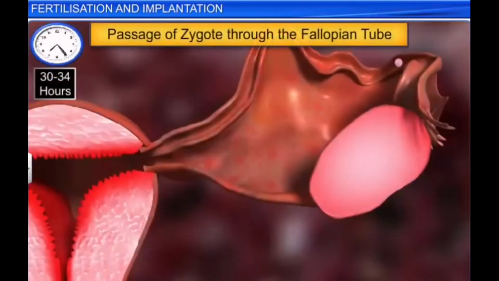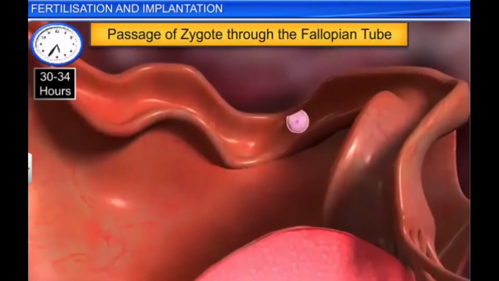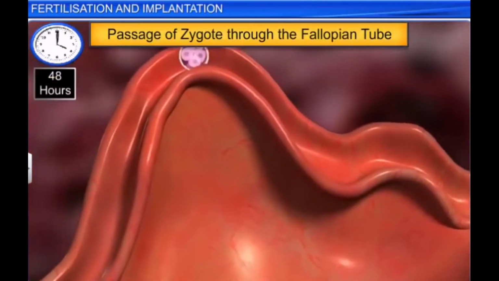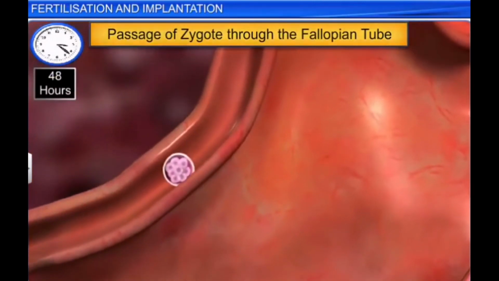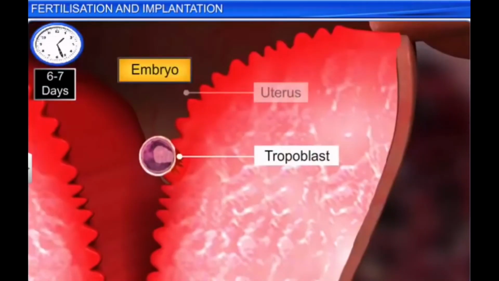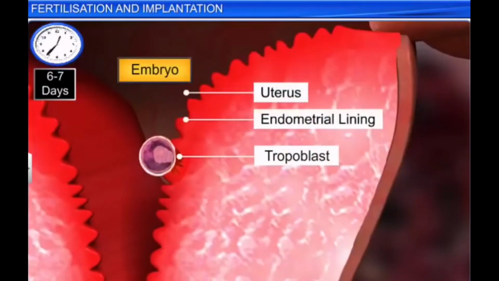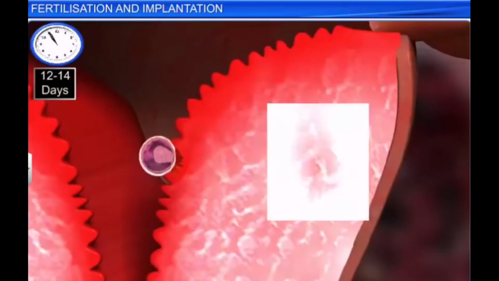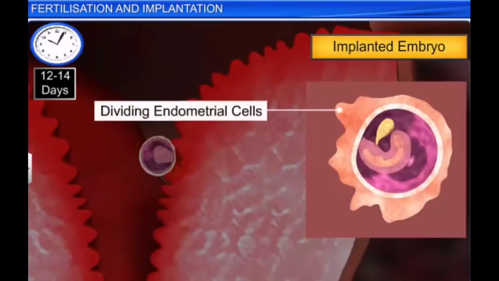A little more than a day after its formation, the zygote starts moving down the fallopian tube. Simultaneously, the zygote also undergoes mitotic division, and with each successive division, the number of daughter cells doubles. The embryo gets attached to the uterus as the trophoblast grows outwards and penetrates the endometrial lining of the uterus. In response, the endometrial cells divide and start surrounding the blastocyst.